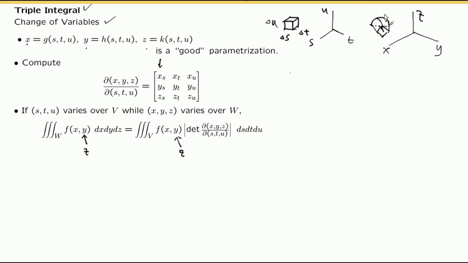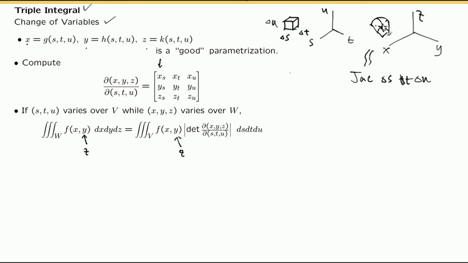So, what about the volume of this one? It is correctly approximated by the Jacobian. You calculate it times the volume of this one, delta S, delta T, delta U. If it is a linear transformation, then it's going to be a parallelepiped, and the volume is exactly equal to the Jacobian times delta S times delta T times delta U. But if it is not linear, such as spherical coordinates, it is approximate, and they're claiming it is good enough to make this integral equal.